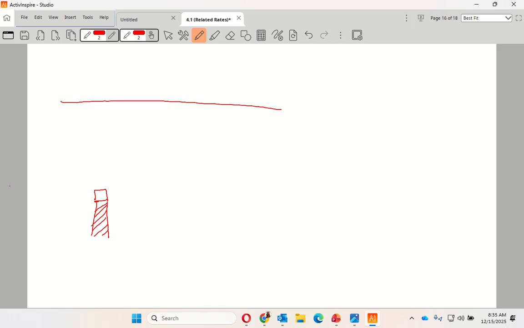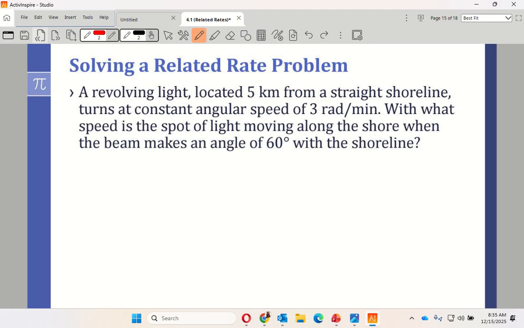So if this is the shoreline, and the lighthouse is 5 kilometers from a straight shoreline, turning at a constant rate of 3 rad.